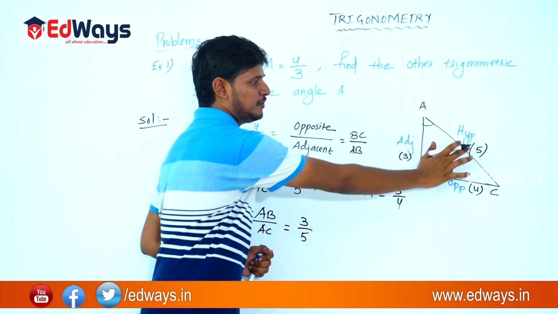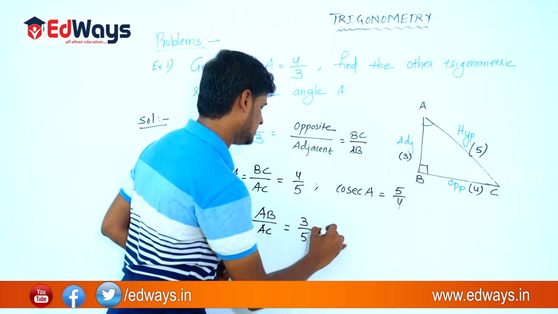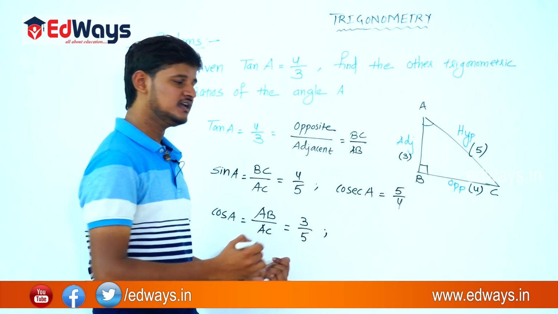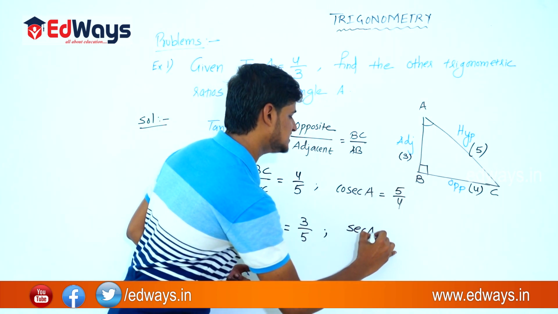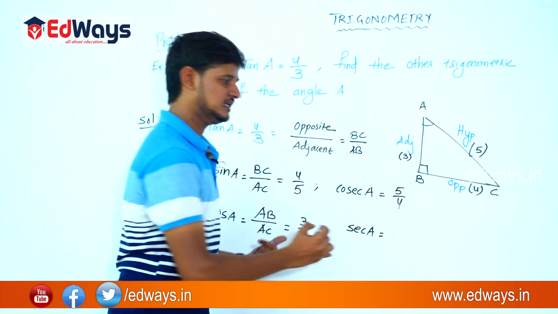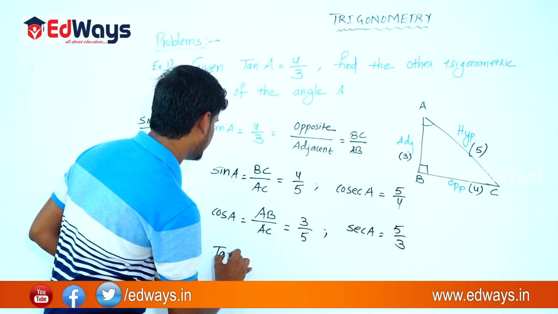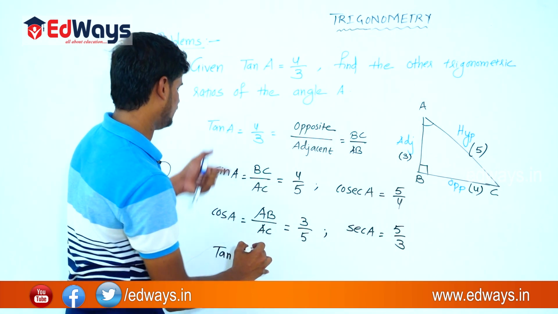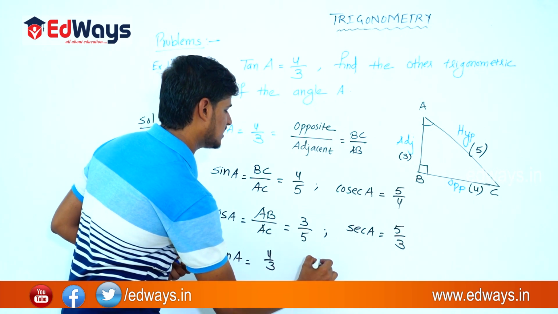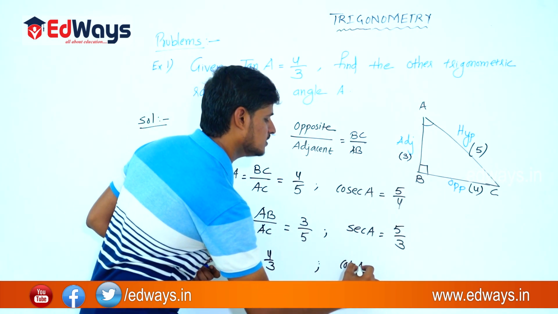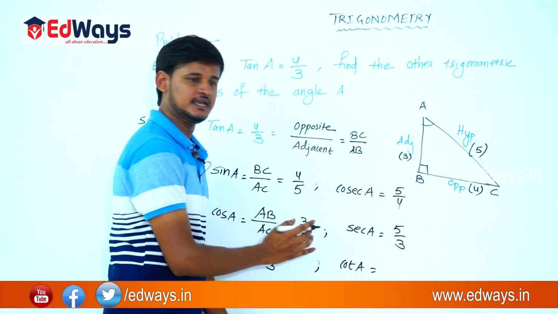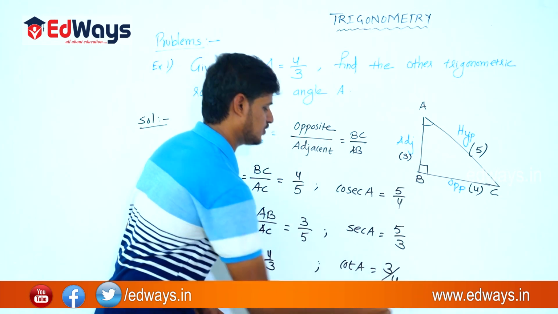Adjacent is 3, hypotenuse is 5. As cos A is 3 by 5, secant A will be just the reciprocal of that, 5 by 3. Then tan A they already gave, that is equal to 4 by 3, and cot A will be equal to just the reciprocal of tan A, 3 by 4.